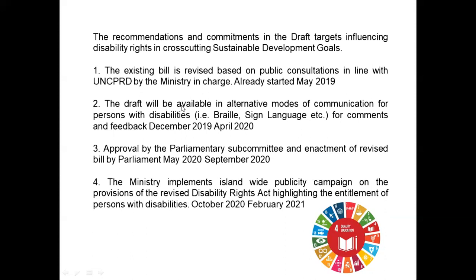Second, the draft will be available in alternative modes of communication for persons with disabilities, for example Braille and sign language, for comments and feedback, December 2019 to April 2020. Approval by the Parliamentary Subcommittee and enactment of the revised bill by Parliament, May 2020 to September 2020.